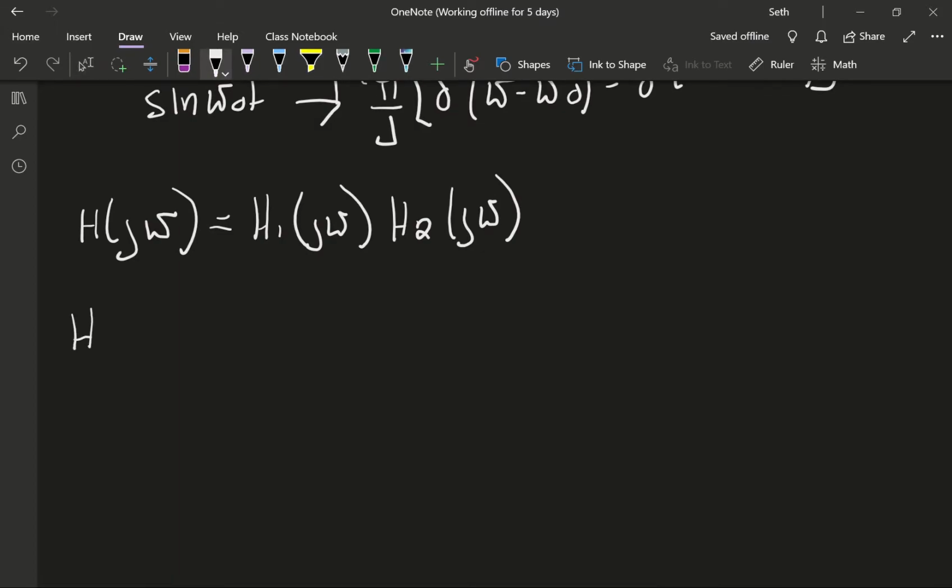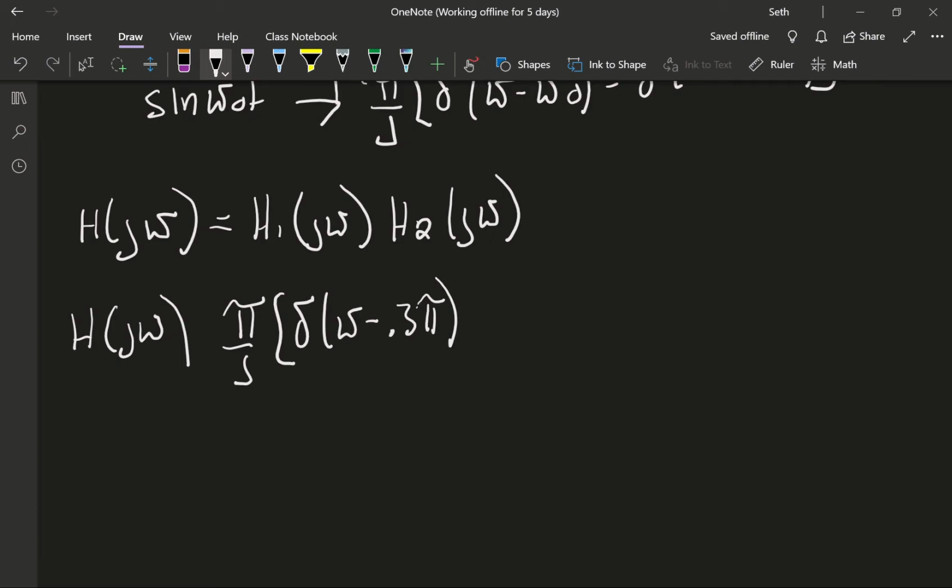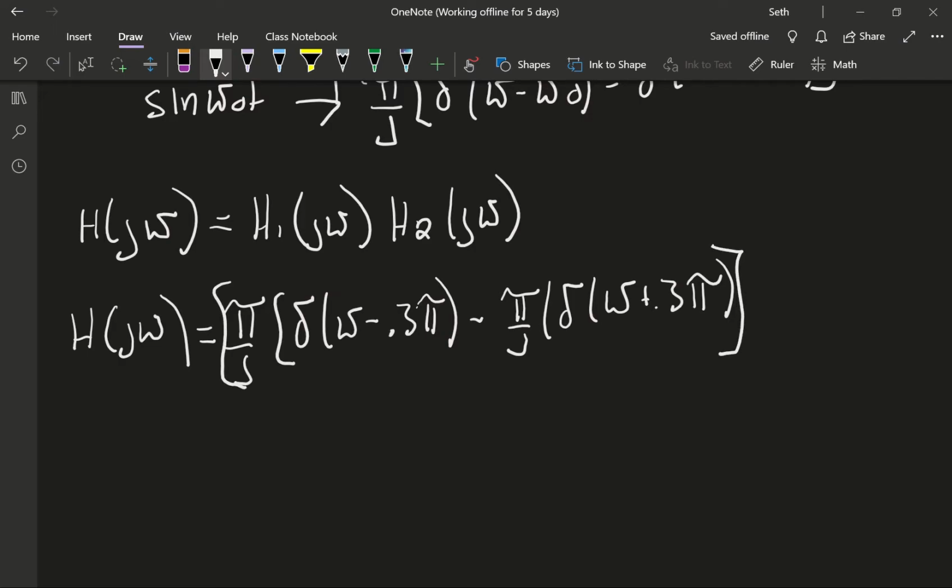So H of j omega is going to equal H1 times H2, so H1 was equal to 1 over 2 plus j omega squared.